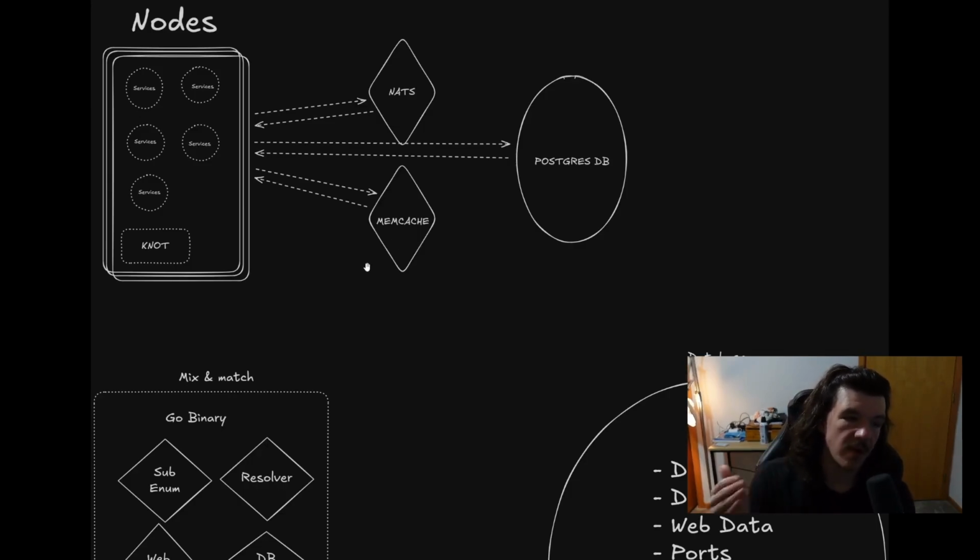So let's say for my DNS resolving service, I want to make sure I'm only attempting to resolve a certain domain once a minute, right? The subdomain enumeration services have a ton of different sources that all feed in, and then they all need to be resolved.